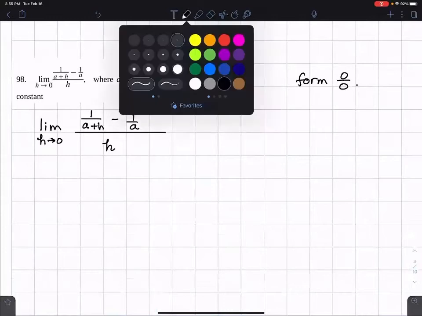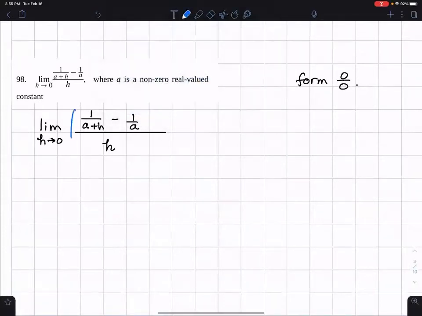And what we do here is we multiply by the lowest common denominator. And this is a sort of a little technique that you see when you have this complex fraction. So the common denominator is a times a plus h.